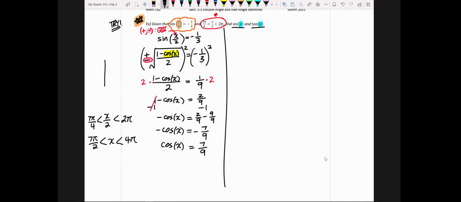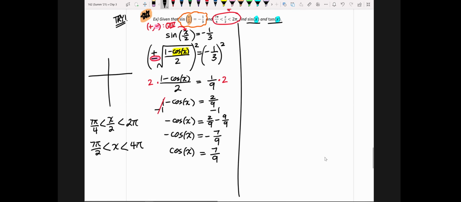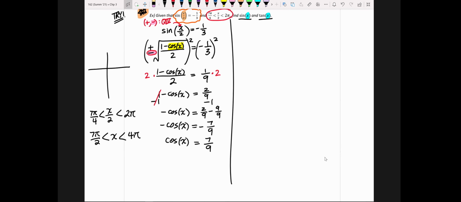Okay, so let's draw in here. 7 pi over 2 is coterminal with 3 pi over 2. So 7 pi over 2 is right here. And then 4 pi is coterminal with 2 pi. So that means that our x is somewhere here. This is in quadrant 4.